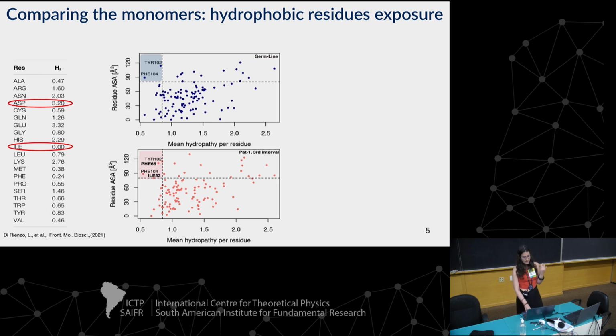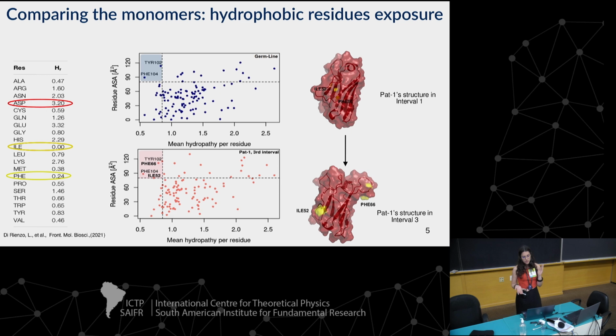These residues, which are an isoleucine in position 52 and a phenylalanine in position 66, happen to be hydrophobic residues. Here you have a representation of how the structure changes and how these residues are visibly exposed by the end of the dynamics of the mutant.